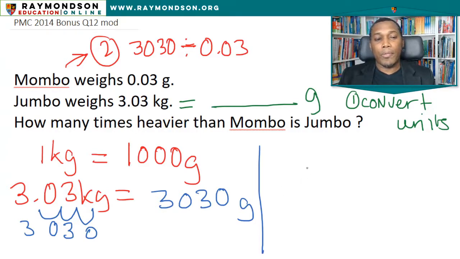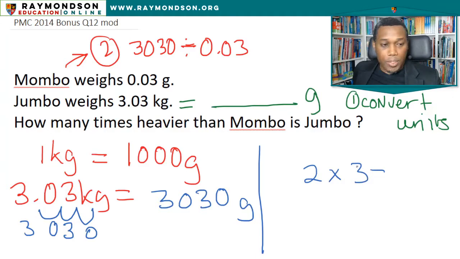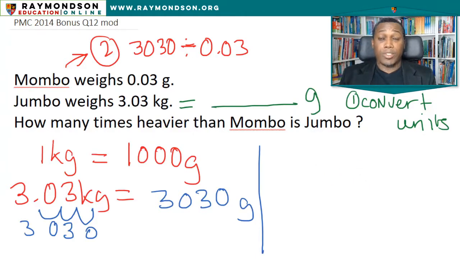Actually, it's division, so let me stick with division as my idea. I'll just tell you what we're gonna do, and then I'll show you why. We're gonna multiply 0.03 by 100 because we want to divide by a whole number.